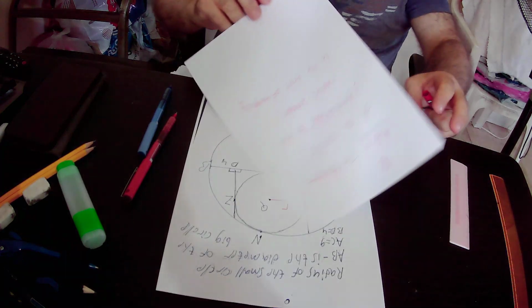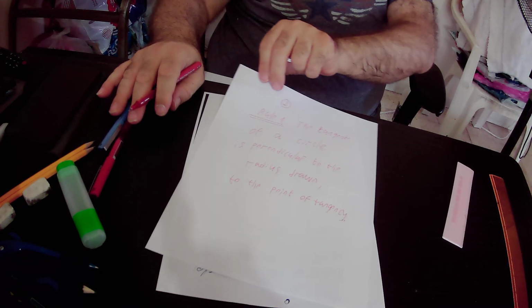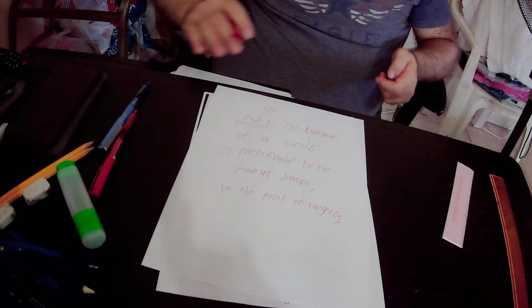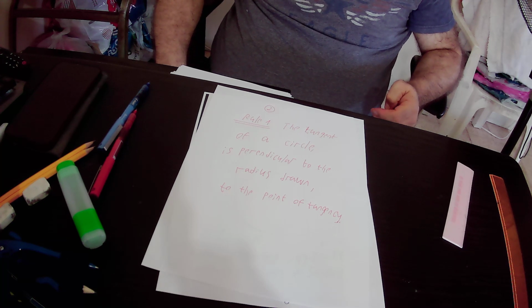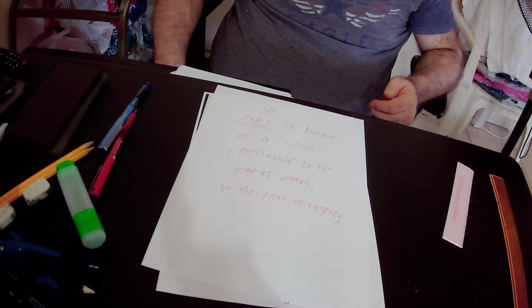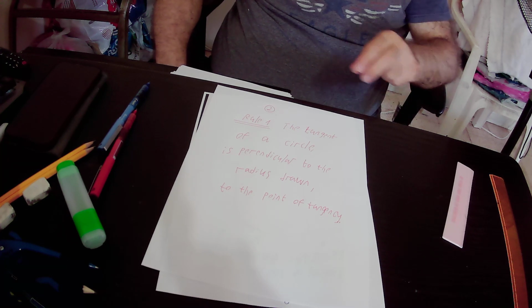So I will read rule number one again. The tangent of a circle is perpendicular to the radius drawn to the point of tangency.